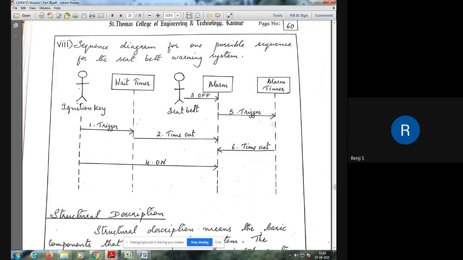And once the alarm beeps for some time, even after 5 seconds, if the seatbelt is not worn, then it will time out and it will return back. And this is one scenario of seatbelt warning system, which we will discuss in detail in module 2.